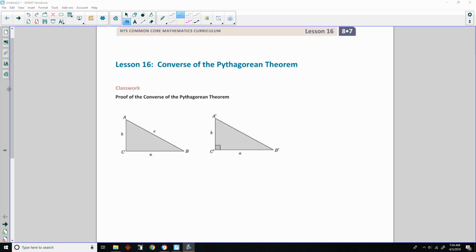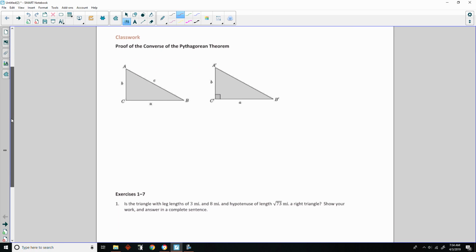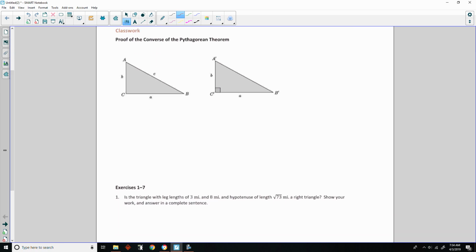So we have a classwork here, proof of the converse of the Pythagorean Theorem. Okay, first let me address the word converse. All it is doing is taking the hypothesis and conclusion of an if-then statement and reversing them.